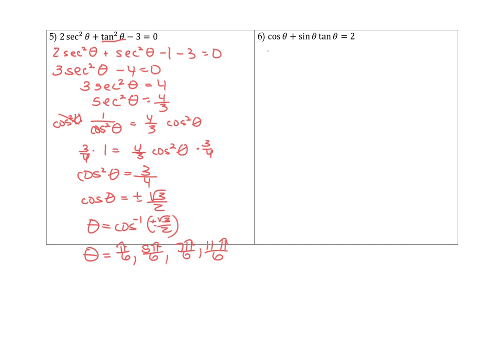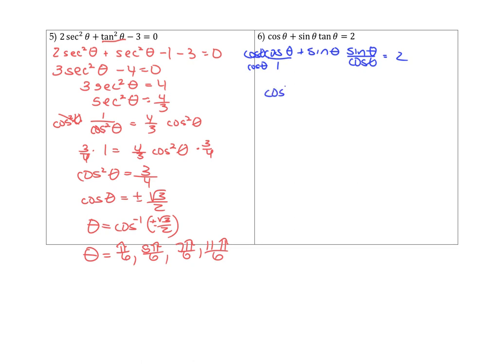Okay, so I have cosine theta plus sine theta times sine theta over cosine theta. Now I'm going to need a common denominator over here, so I'm going to multiply this by cosine theta.